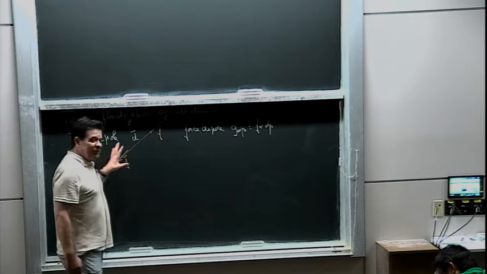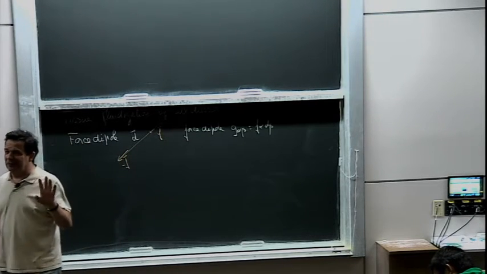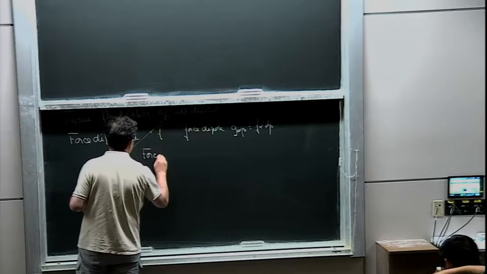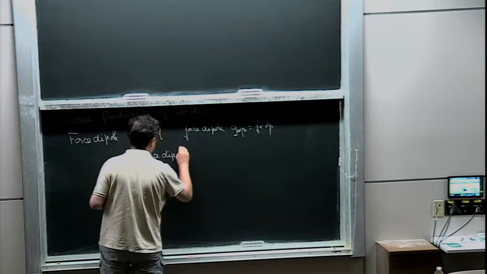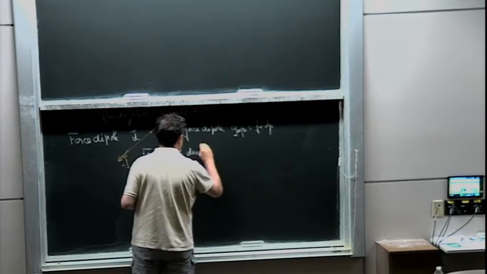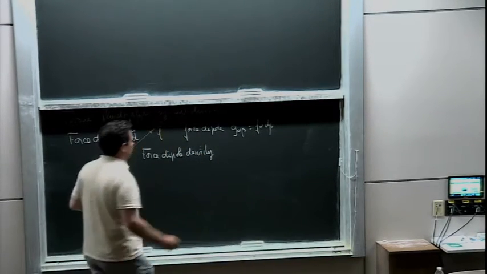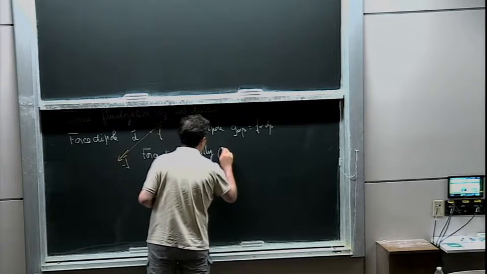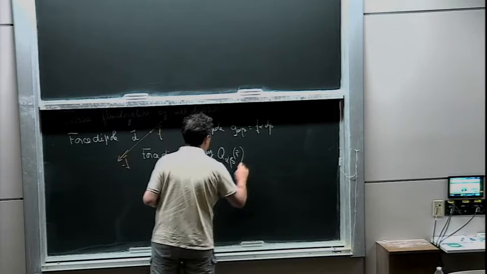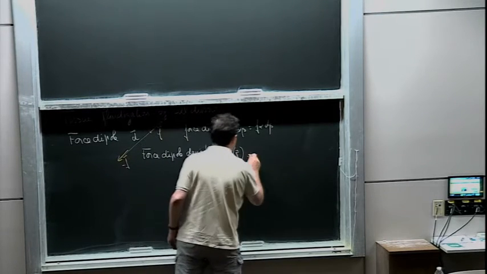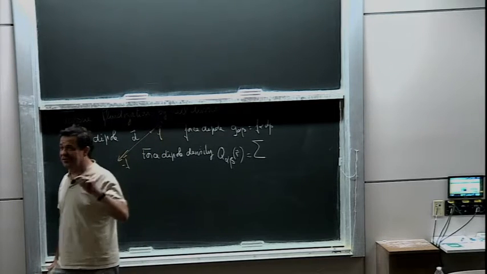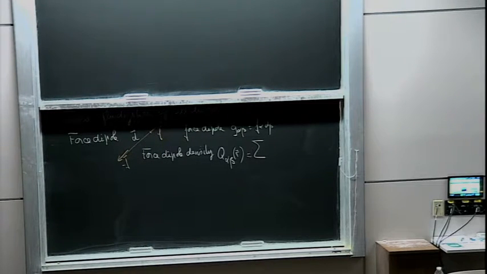Now, what I want to do is introduce a total force dipole density. So I will call that Q alpha beta of r. It's the sum over all cells. So I consider here all cells that divide and all cells that die.